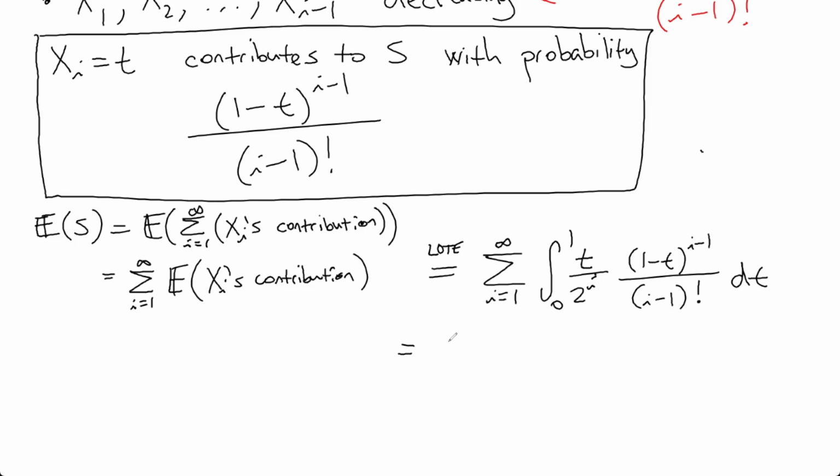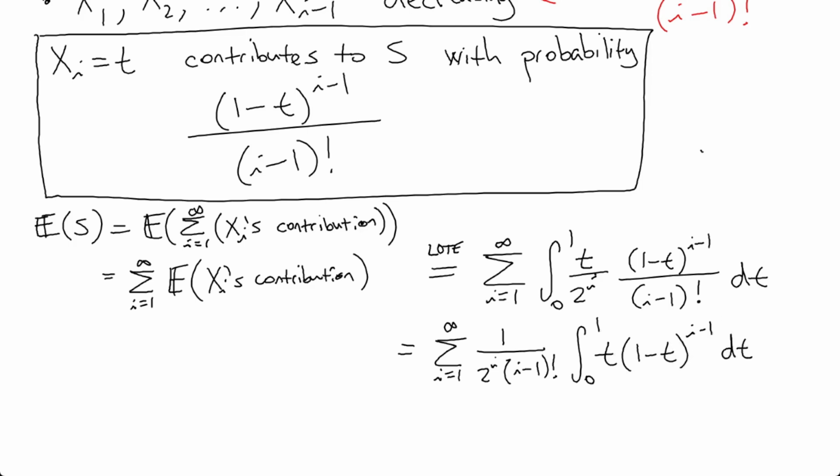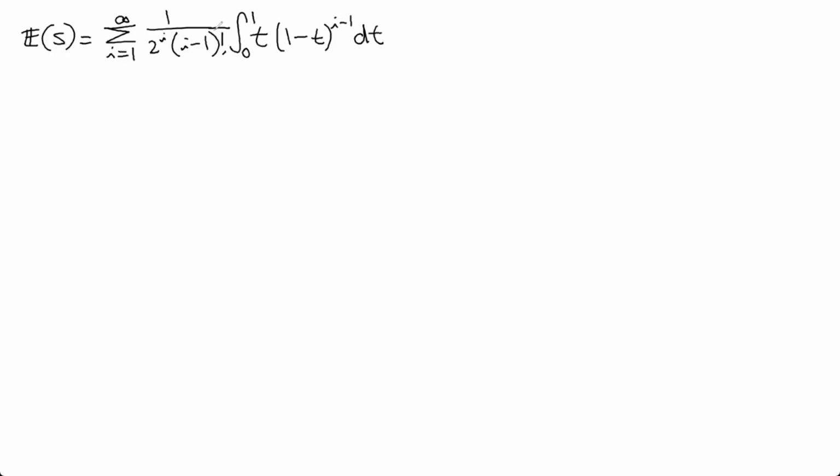So I'm going to factor out from the integral all the factors that don't involve t. So that's going to be all the denominators. I'll just copy over the information from the previous slide.